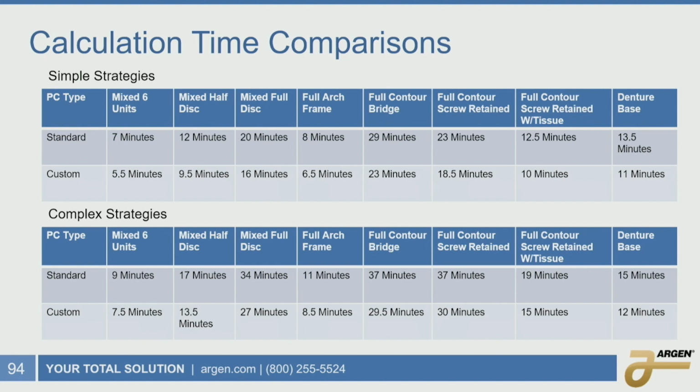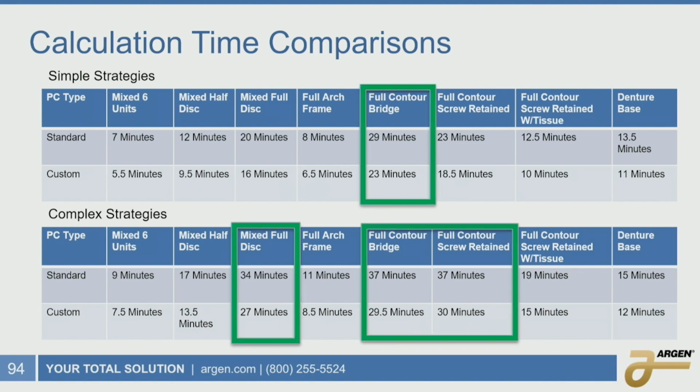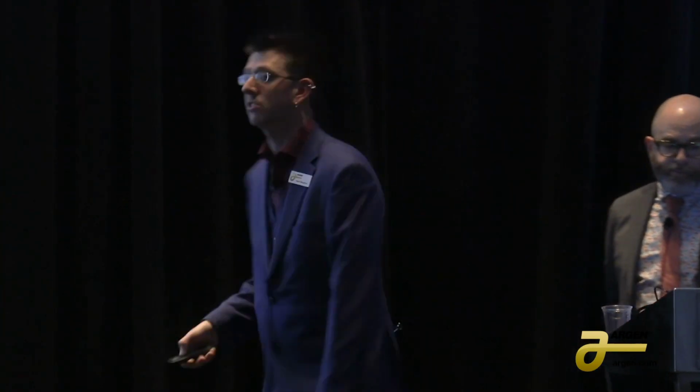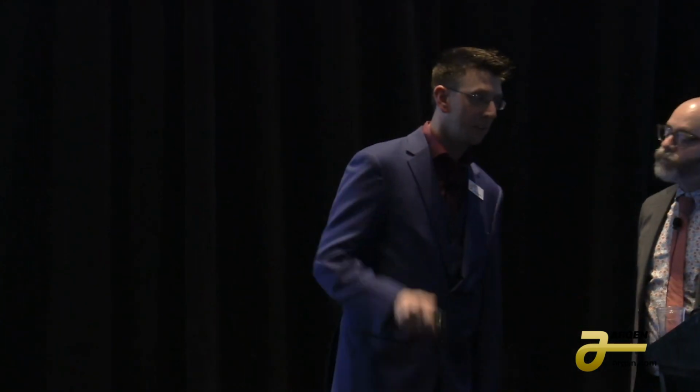If we wanted to do the same kind of work using maybe a 5-axis continuous strategy or do some other detail milling, we can see here the times jump. So mixed disk at 20 minutes went to 34. This went from 16 to 27. We're seeing a change of anywhere from about 5 to 10 minutes in decreased calculation times or import times for your systems. So you should definitely be making sure you're staying on top of your CAM PCs.